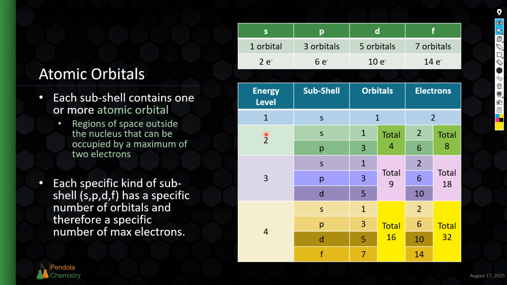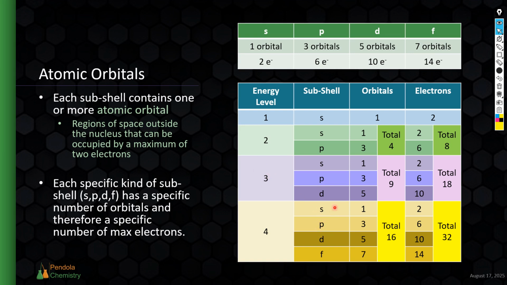Once we bring in the energy levels, that's where it gets interesting, because not every energy level has all of the sublevels. The first energy level only has the S sublevel, and every energy level after that has an S sublevel. The second energy level is where the P sublevel starts, and therefore every energy level beyond that has a P sublevel.